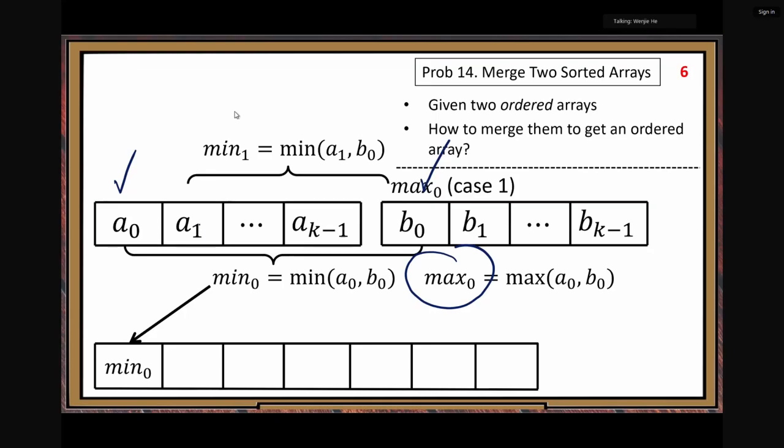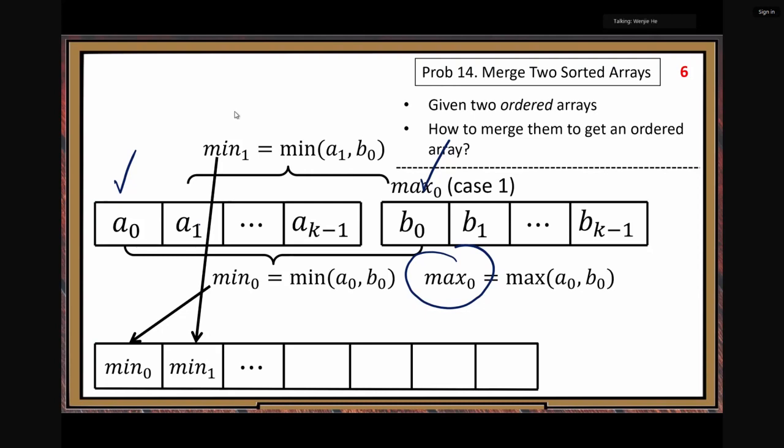After the second comparison, we can put it in place, in the second location of our destination array. Every time you only need one comparison to put one element in place. Another round, you put another element in place.